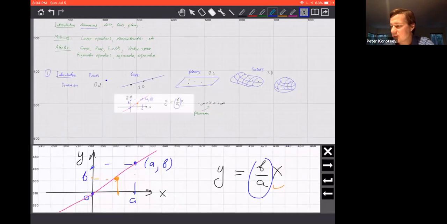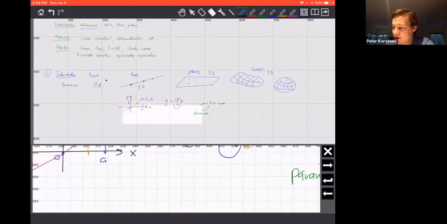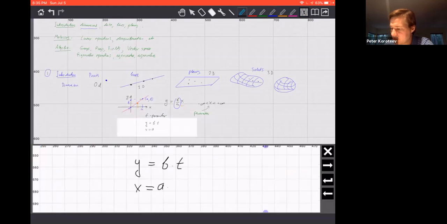You can also write it slightly differently using parameters. You can take some auxiliary parameter t, another parameter, and then you can say that y is equal to b times t, and x is equal to a times t.